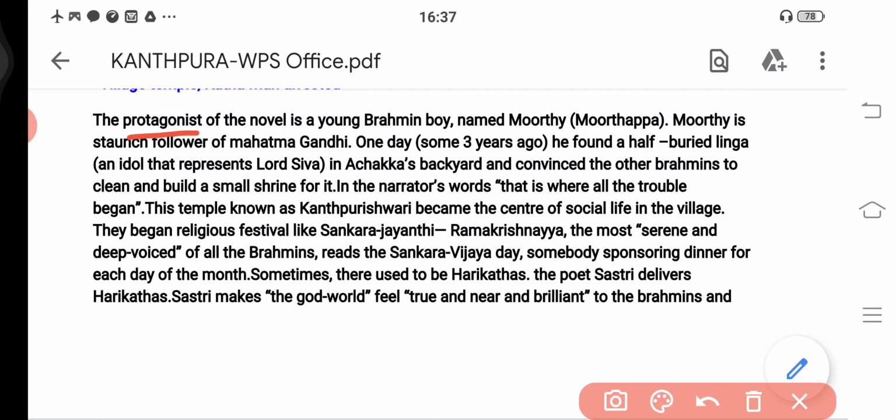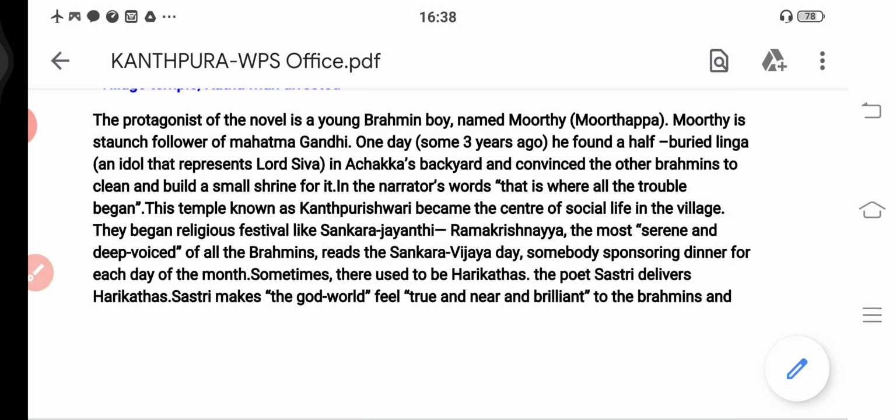Murthy is a staunch follower of Mahatma Gandhi. One day, some 3 years ago, he found a half buried linga, that is, an idol that represents Lord Shiva, in Achakka's backyard. Achakka is the woman who is telling the story of this village.